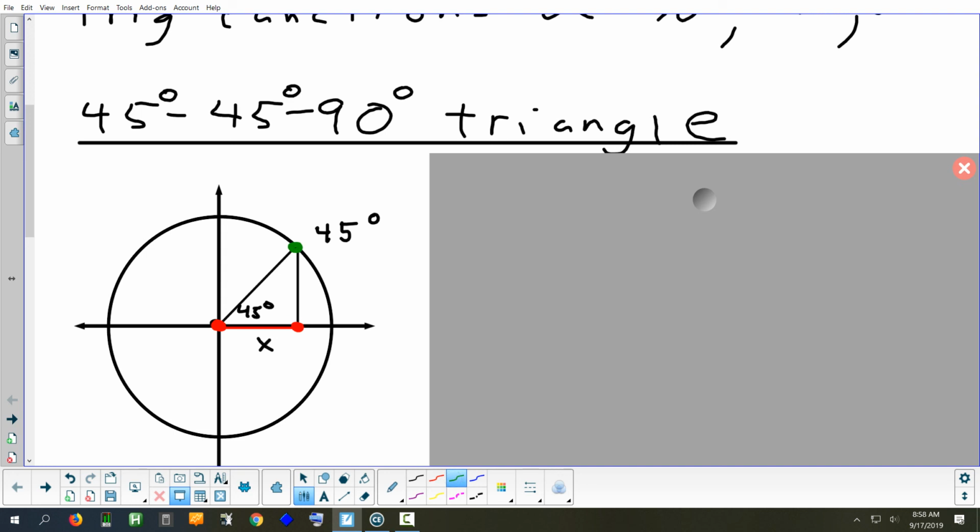So you have to go right x units, and then you have to go up. What letter do you think we're going to use for that? Y. Yeah, we're going to use y. To get from that dot up to that dot, that distance is y units.